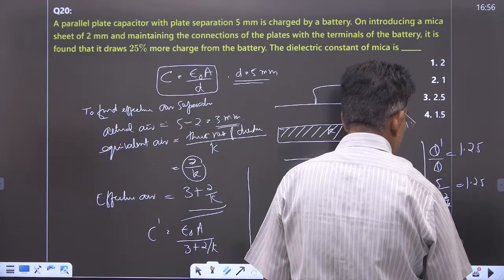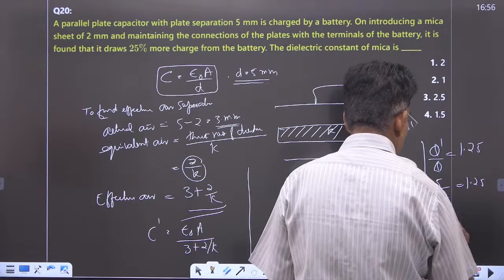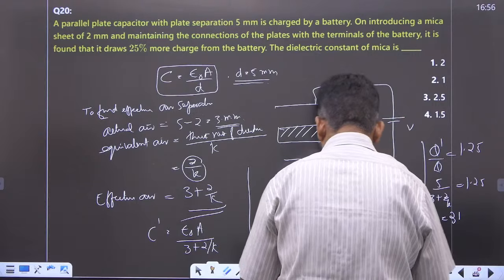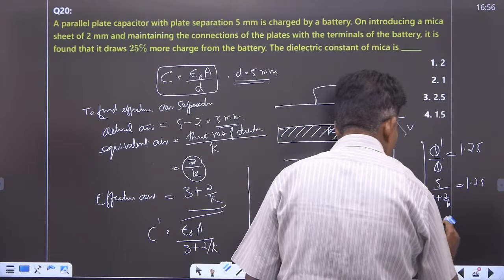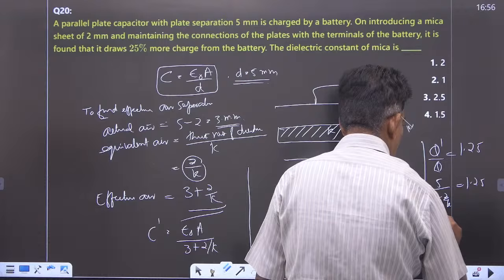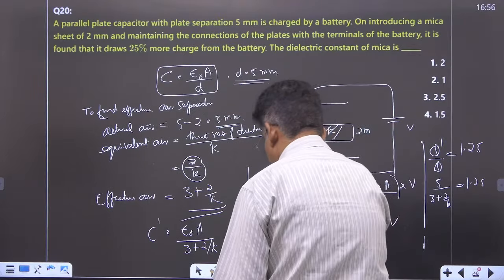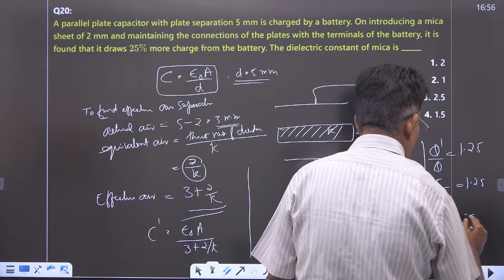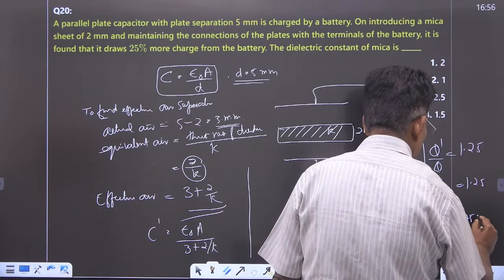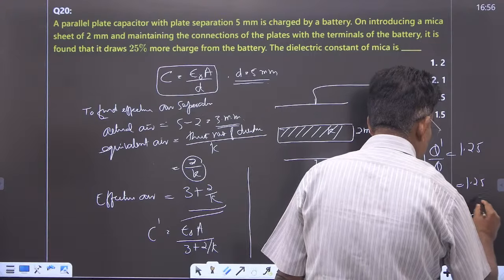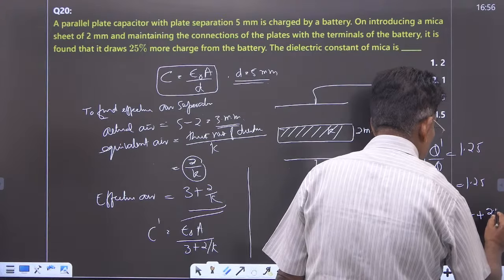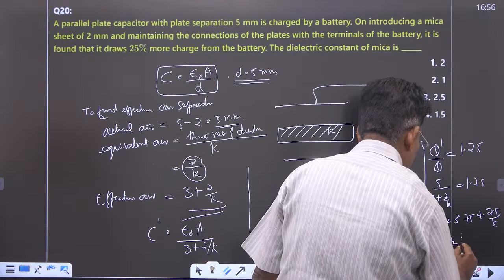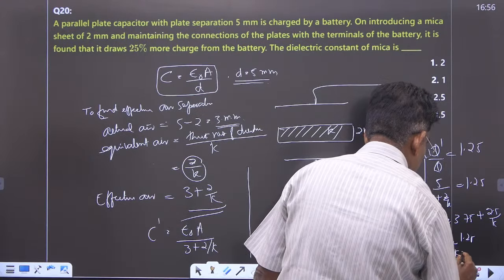5 is equal to 3.75 plus 2.5 by K. Therefore, 2.5 by K is equal to 1.25, and K will be 2.